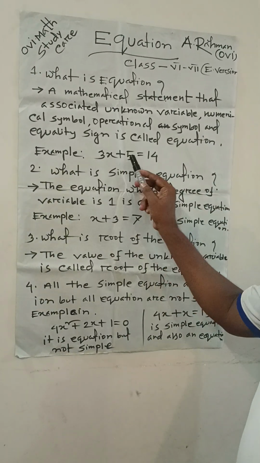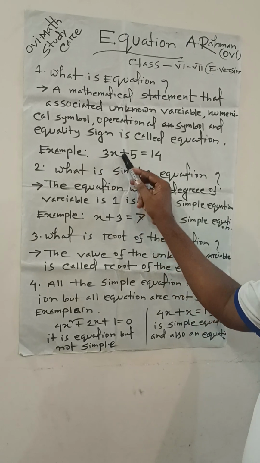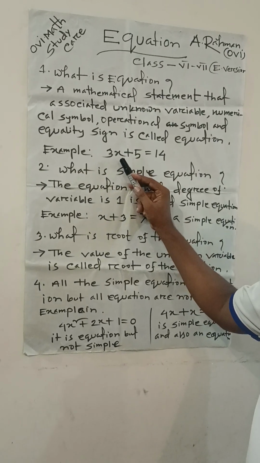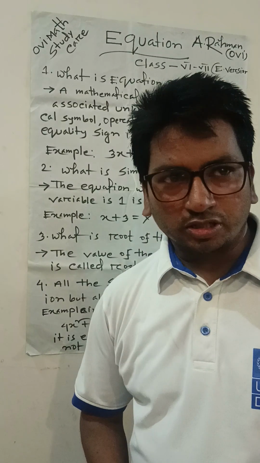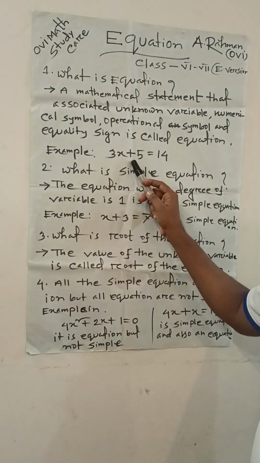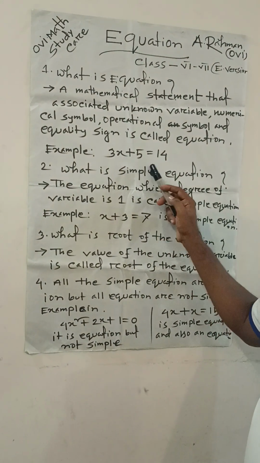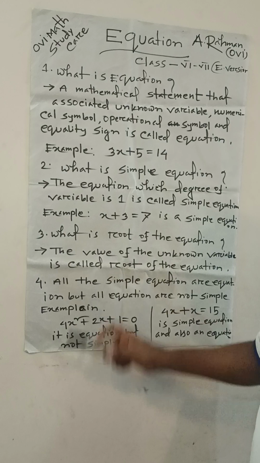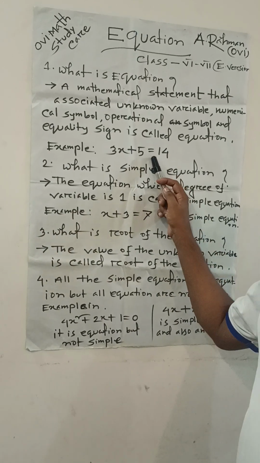That's why 3, 5, 14 are numerical symbols. Here x is unknown variable, and there is another kind, operational symbol: plus, minus, multiplication and division. And another kind of symbol is called relational symbol. Here equality sign is a relational symbol.